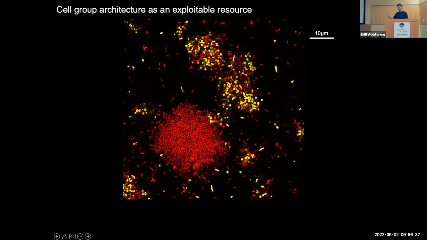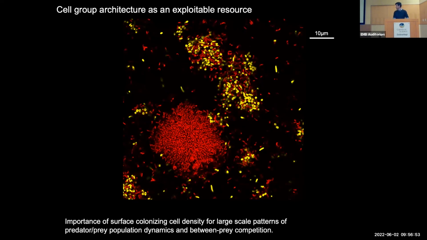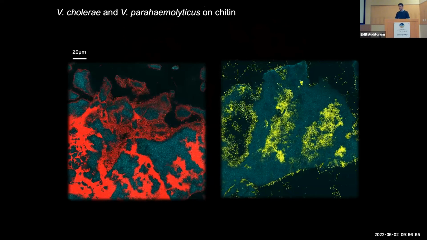And then this has effects on the larger scale ecology of these species, in the context of predation in this case. And so our lab is interested in all sorts of examples where architecture at this scale influences some fundamental ecological process at this scale and larger scales. So in the future, we're looking to move into, and I forgot to add this caveat at the beginning, cholera and E. coli are maybe not the most naturally realistic partners.